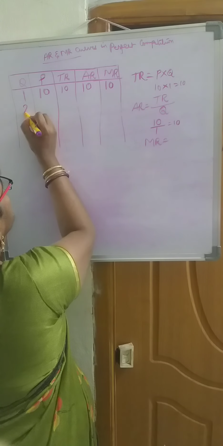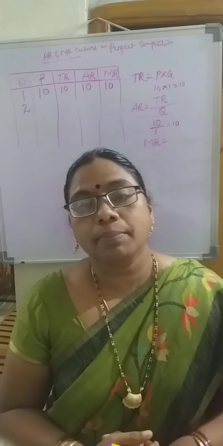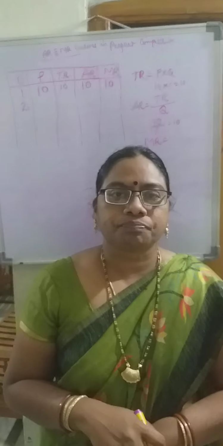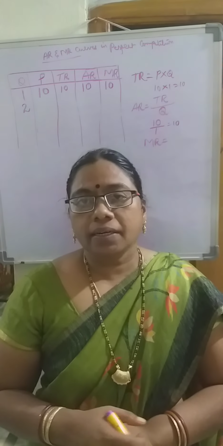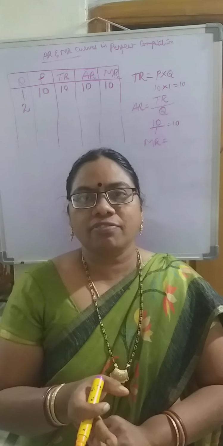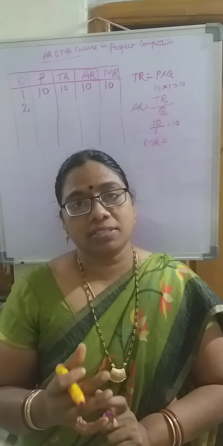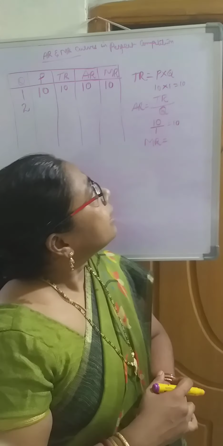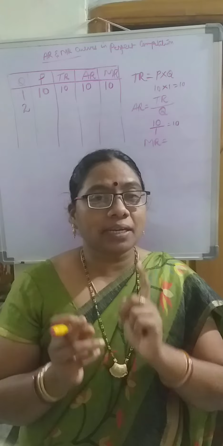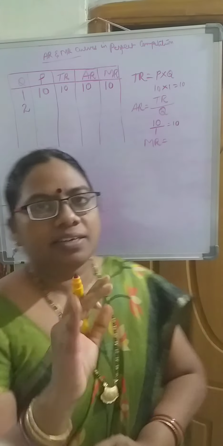Okay, now he's selling two products. Now what will be the price? As we are dealing with perfect competition, the important feature of perfect competition is that there are a large number of sellers or firms, and each firm is only a price taker, not a price maker. There is a difference.